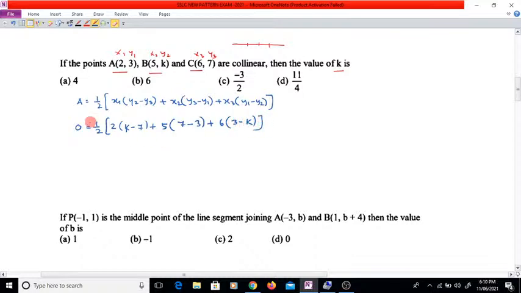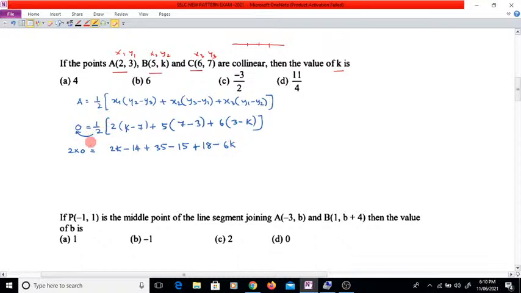So we will solve. We will multiply this, 2 into 0 is 0, 2 into k, that is 2k, minus 2 into 7, 14, plus 5 into 7, 35, minus 5 into 3 is 15, then plus 6 into 3 is 18, minus 6 into k is 6k.